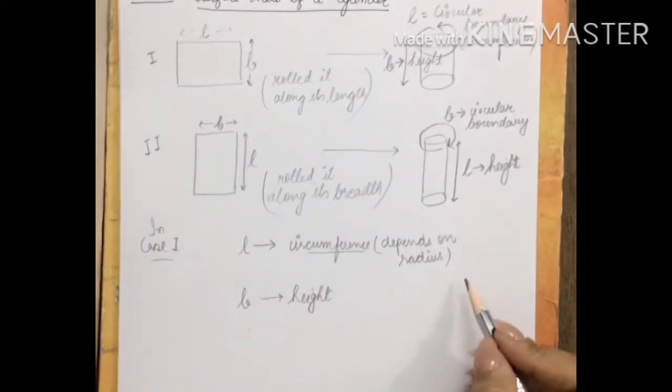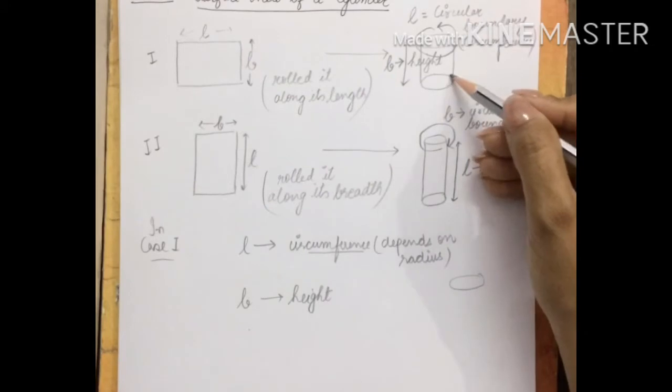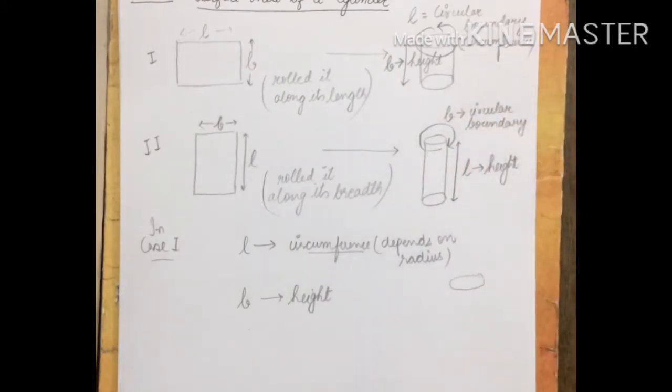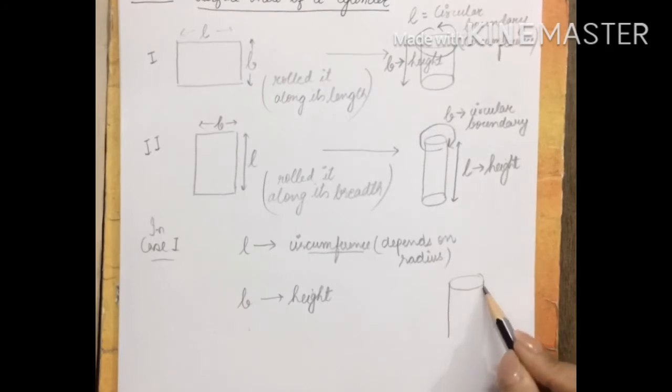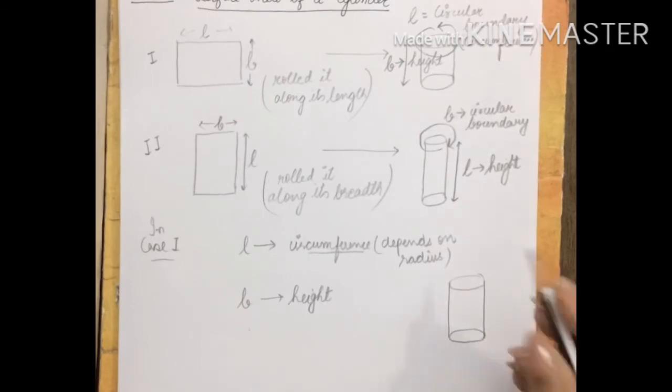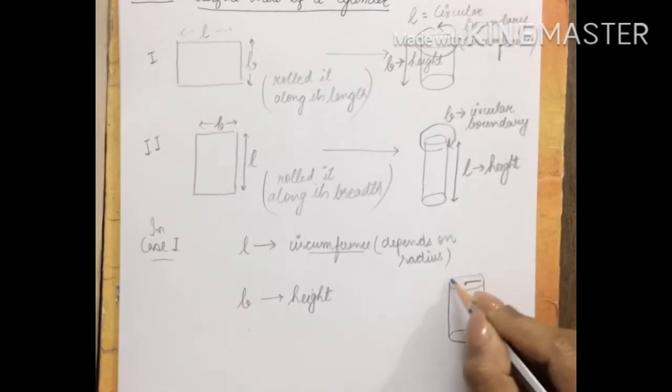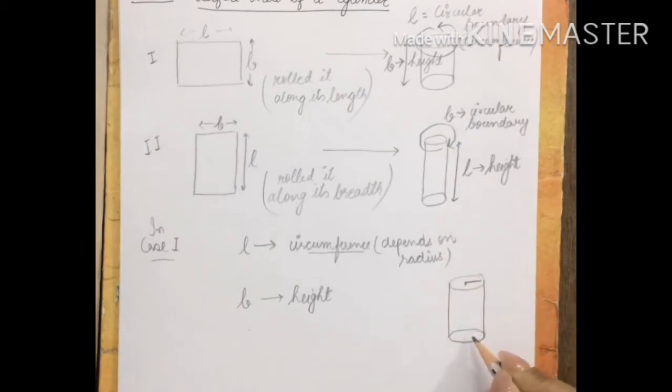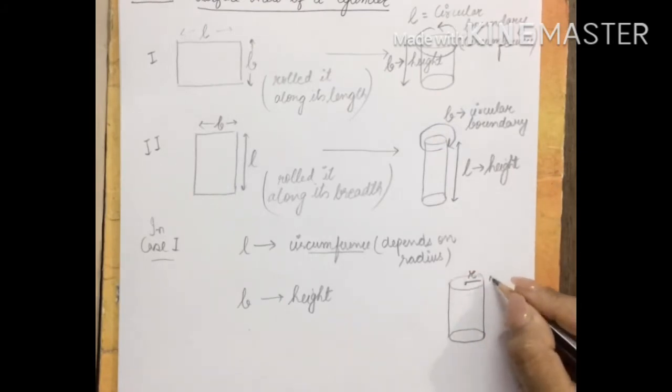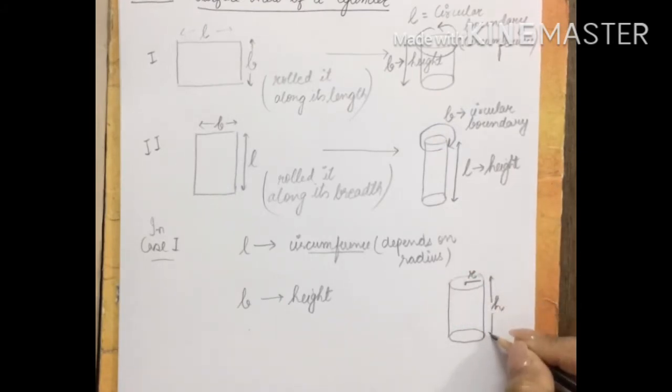So let us say the cylinder formed in the first case is a cylinder whose top and base circles, which are identical, have a radius r, and the cylinder itself has a height h.